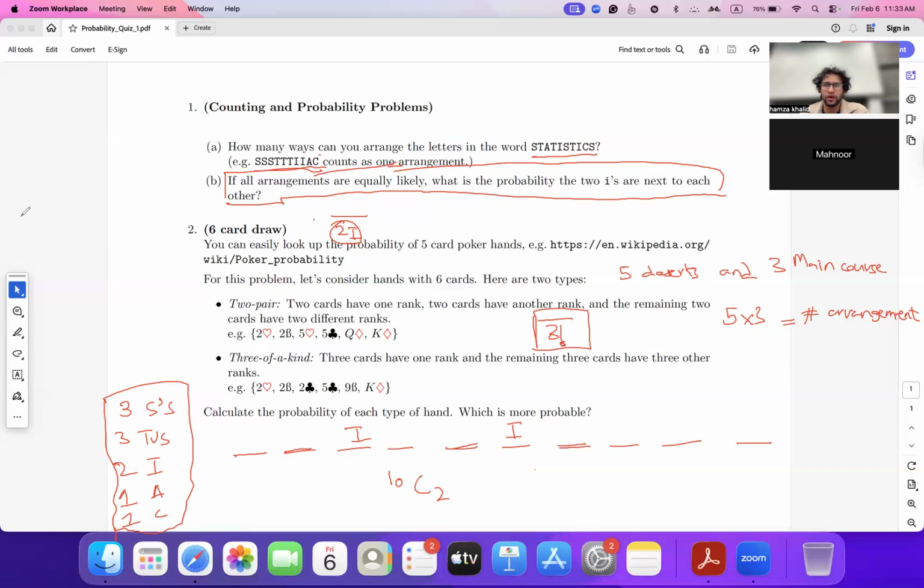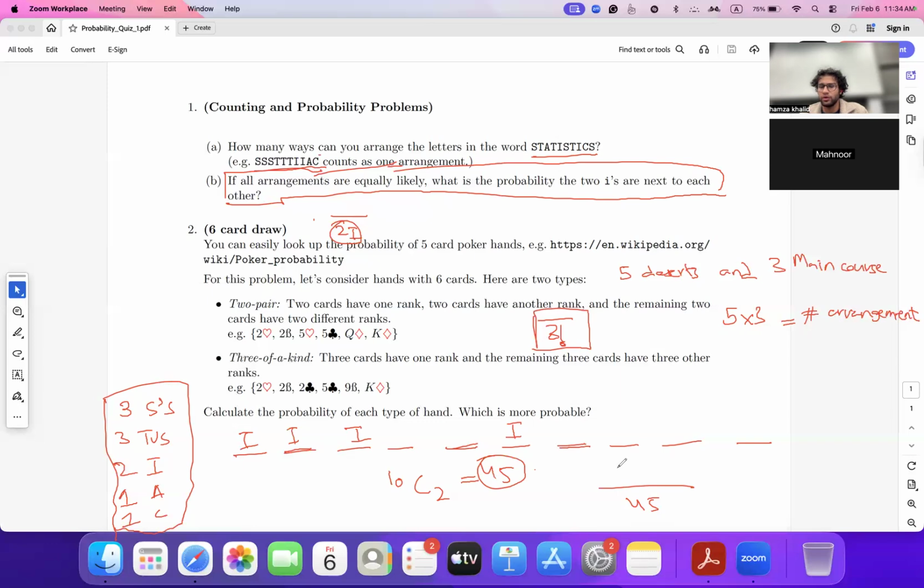So we're going to fix our I's, so this would then be 10 choose 2, that's 45. And all of these are equally likely. I could have placed my I's here, here, or anywhere else. So there are 45 of these arrangements. This is going to be my denominator because it has two I's.